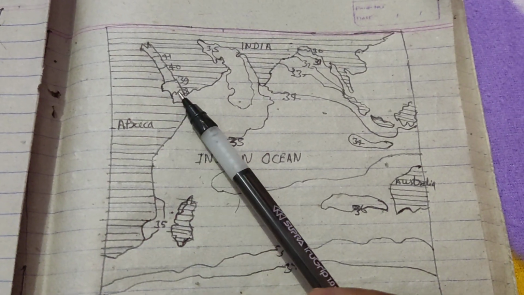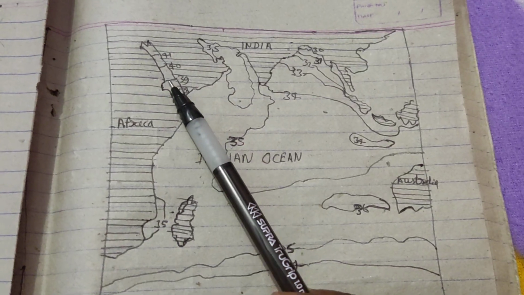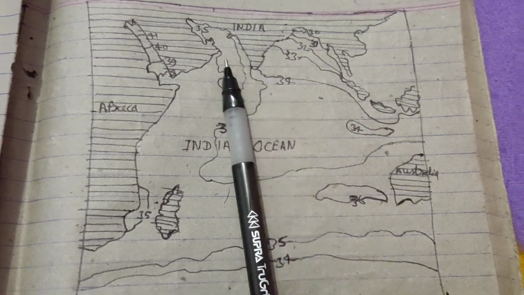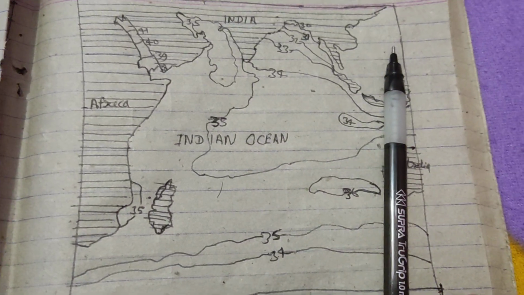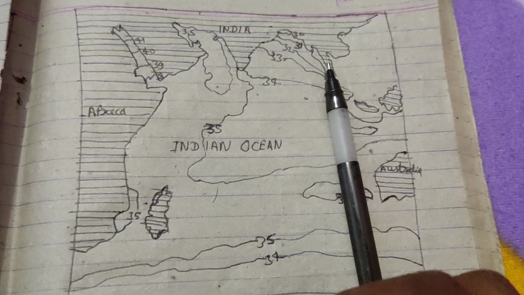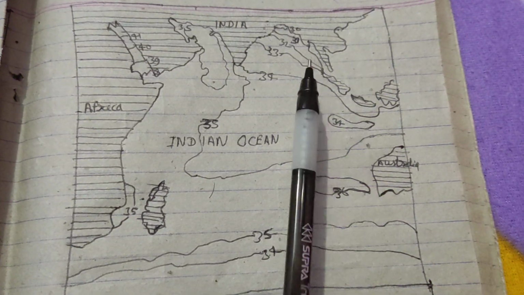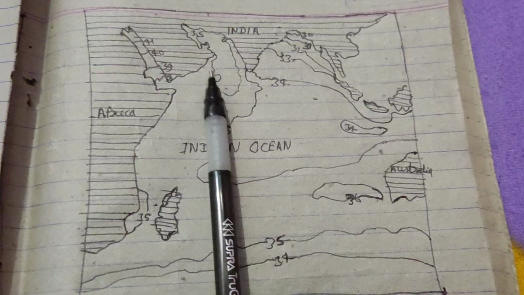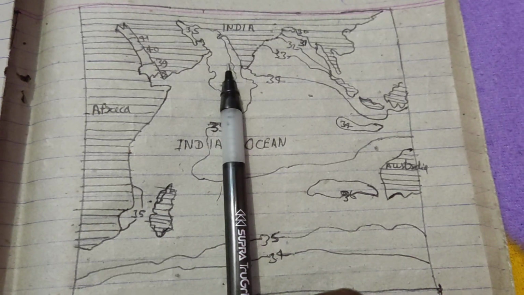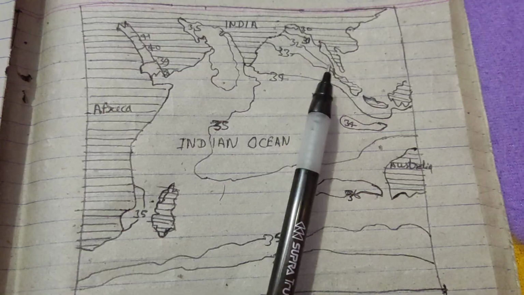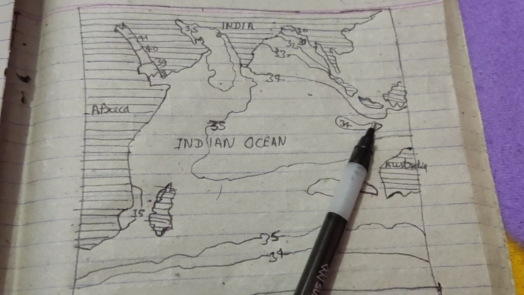Red Sea salinity is very high because evaporation is very high, because this is the tropical zone. The tropical zone gets less rainfall than the equator area, and in the tropical zone evaporation is very high and rainfall is low compared to the equator area.